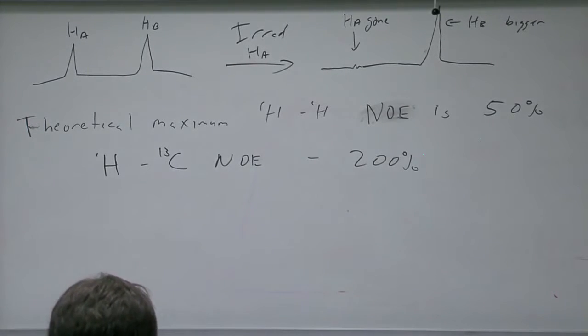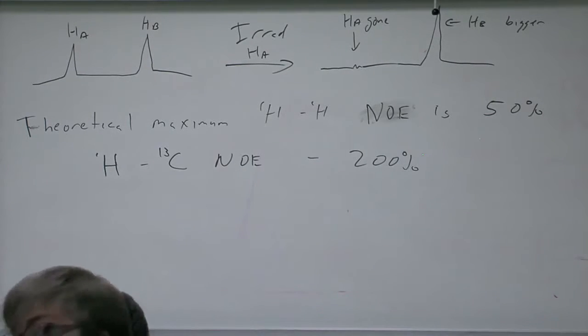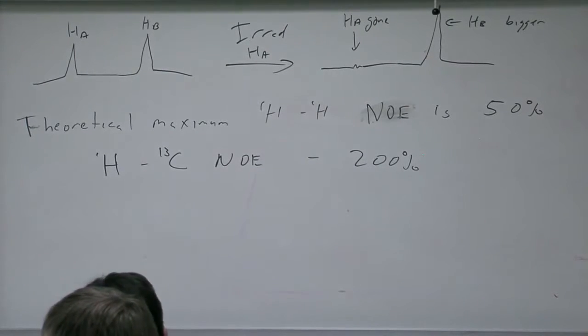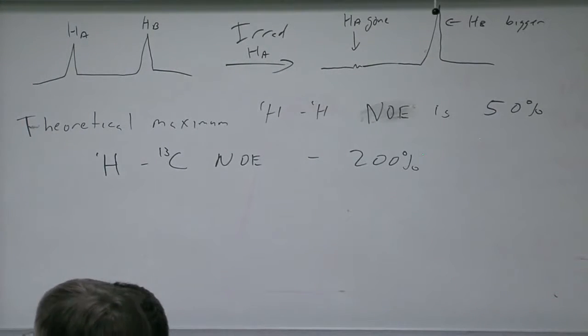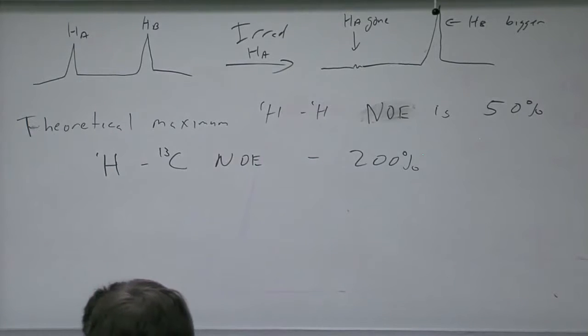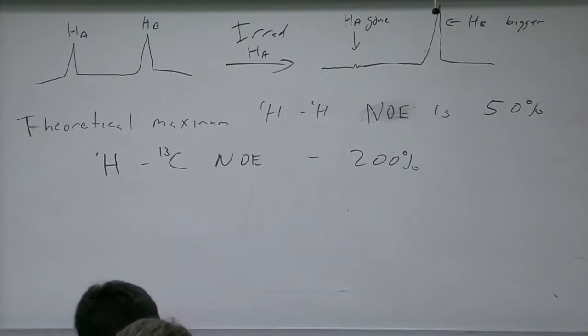Now, nuclear Overhauser effects involve relaxation. This in turn involves motion of molecules, like tumbling motions, which means the NOE is sensitive to the size of the molecule, how fast it tumbles, because that's going to affect different types of relaxation.